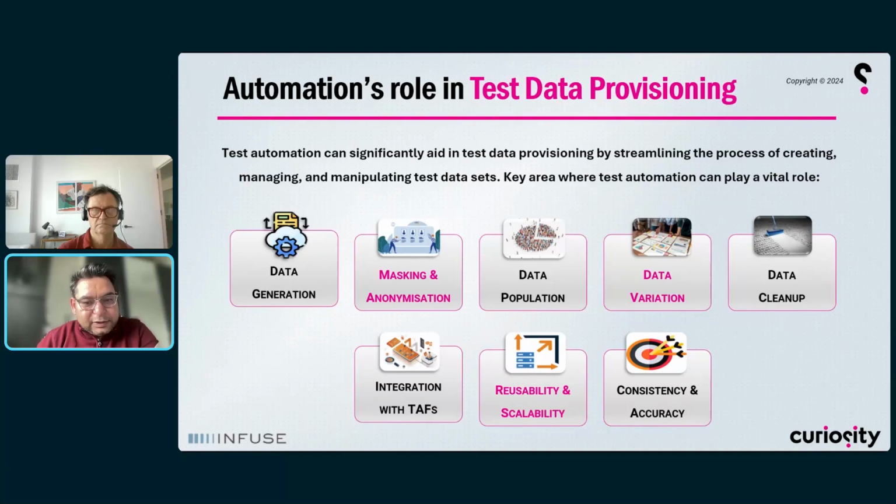Then there is data population. In most cases, when we go for the transformation to automation, people start with system test automation, then integration, then end-to-end tests. When you move towards integration, you are talking with multiple systems, and those systems produce different sets of data.